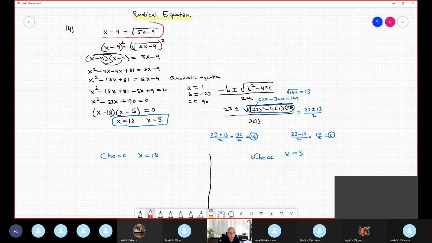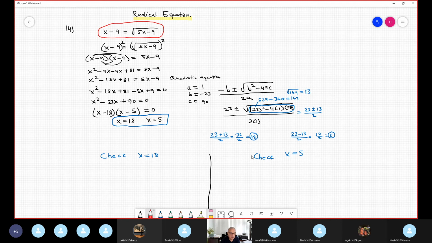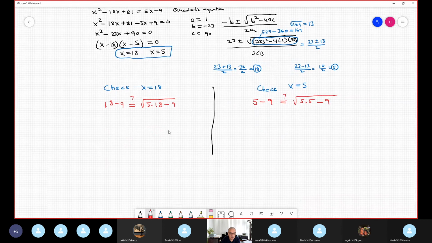So, substitution: 18 minus 9 should be equal, I claim this statement, to square root of 5 times 18 minus 9. Likewise, 5 minus 9 should be equal, I claim that, to square root of 5 times 5 minus 9. Okay, let's see. It's obvious that 18 minus 9 is 9.